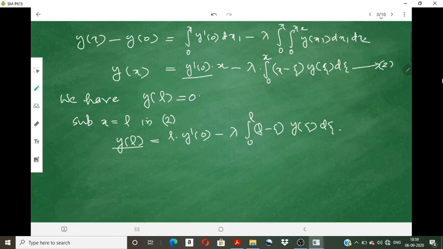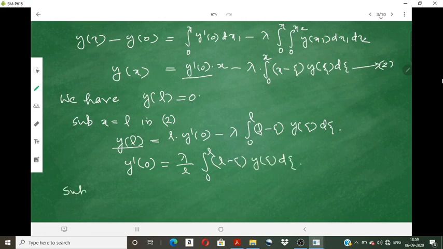Y of L is equal to 0, that is given. So taking this term to the left and rewriting, we will get y dash 0 is equal to lambda by L integral 0 to L of L minus theta y theta d theta.